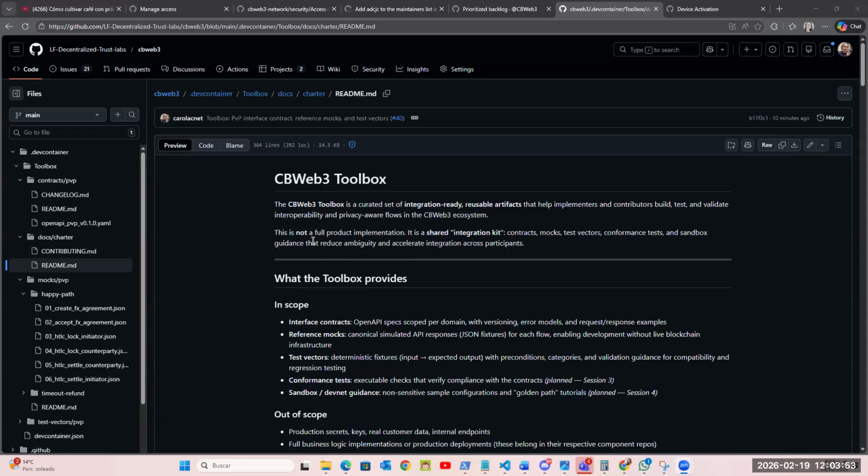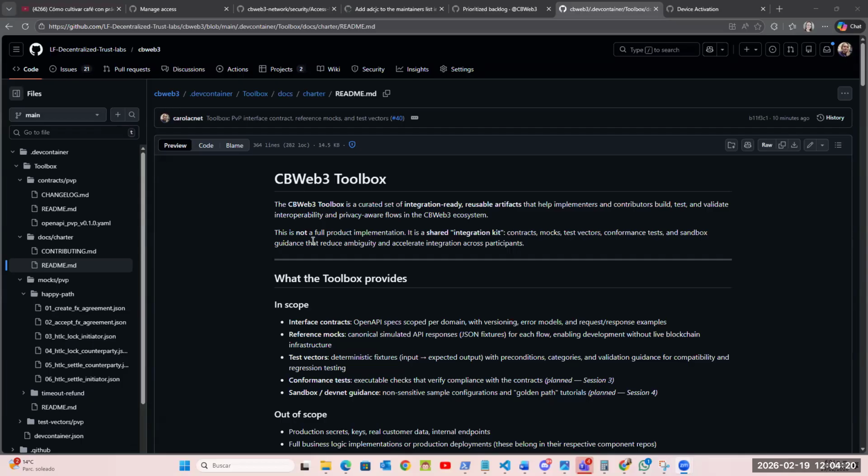Two sessions ago we presented what the toolbox is and what it is not. If someone wants to know the details, you can see our past sessions, or you can go to our repository and read exactly what it is and what it is not.